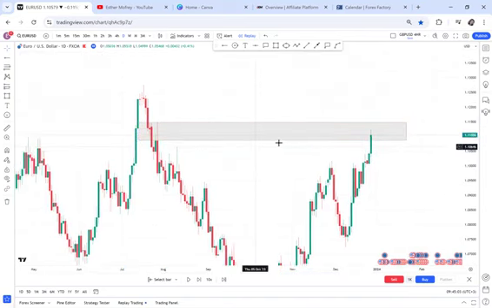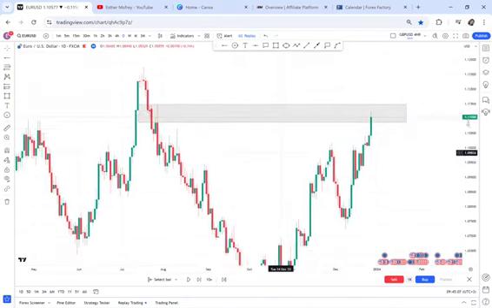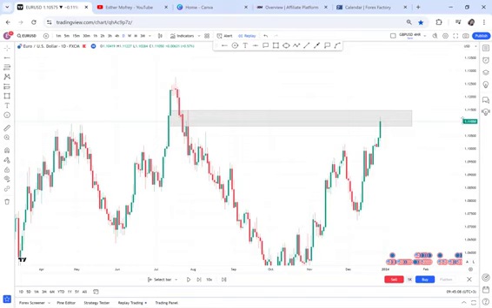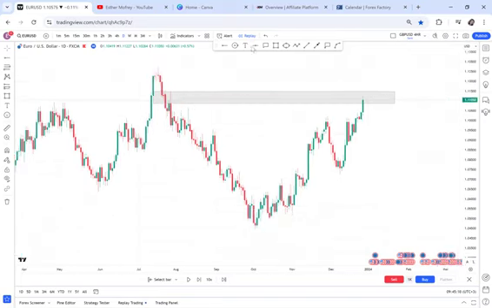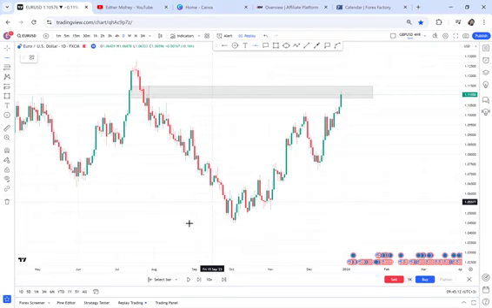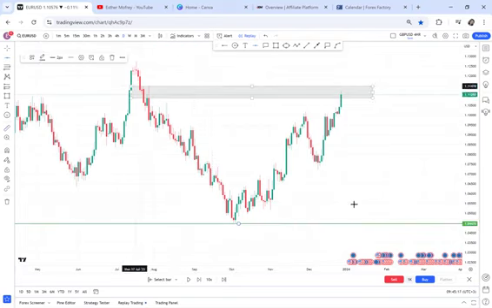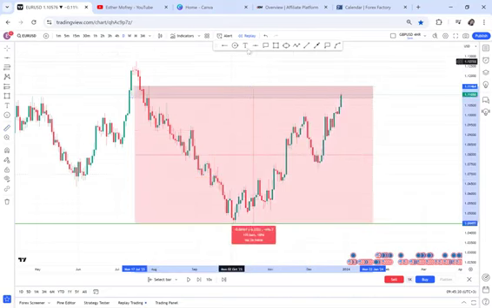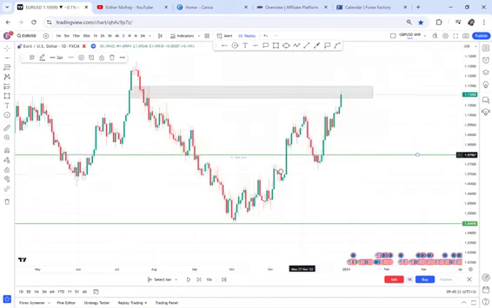So we have our double top there, and you can see it has been activated. Then we mark our neckline, and then we mark our half. We want to see how we target up to the neckline.